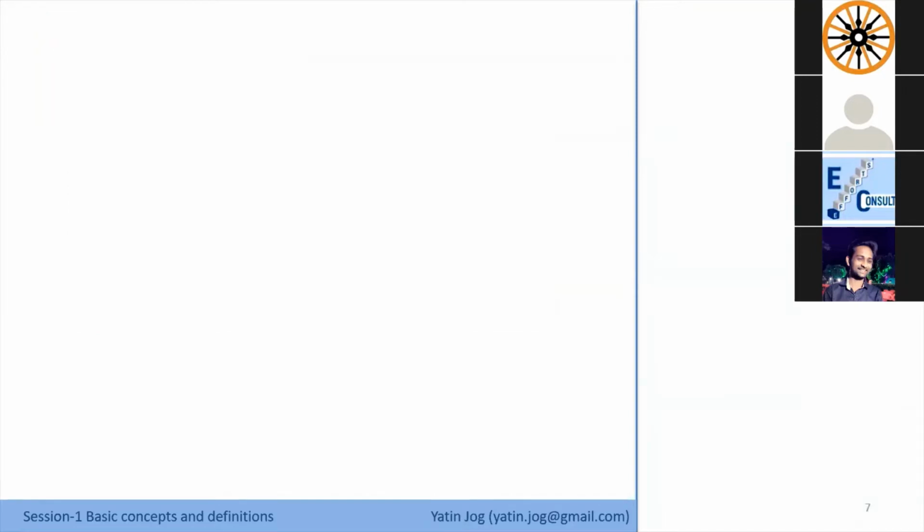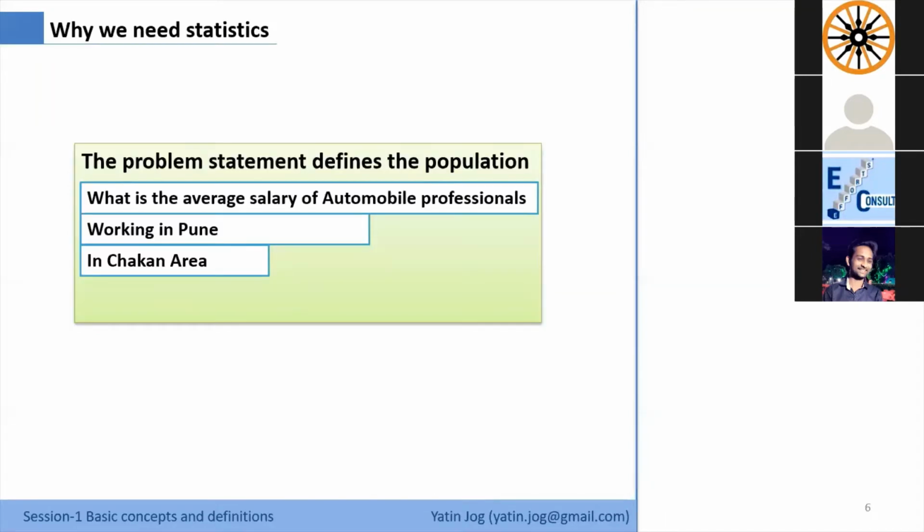Now I have understood the problem. Is it possible for me to go and collect data from 50,000 individuals? I cannot just go and ask, just tell me your salary. No, I have to first introduce myself, introduce the topic of research, and introduce why I'm asking this question.